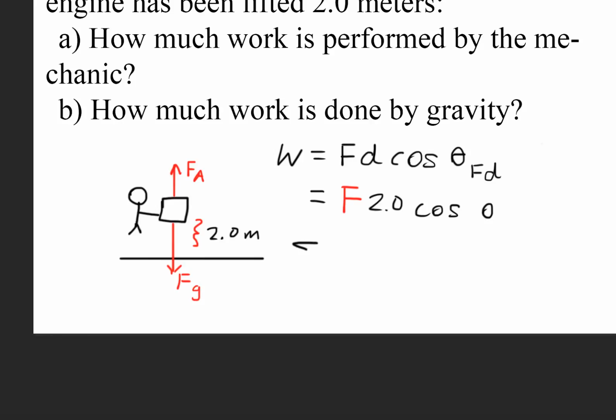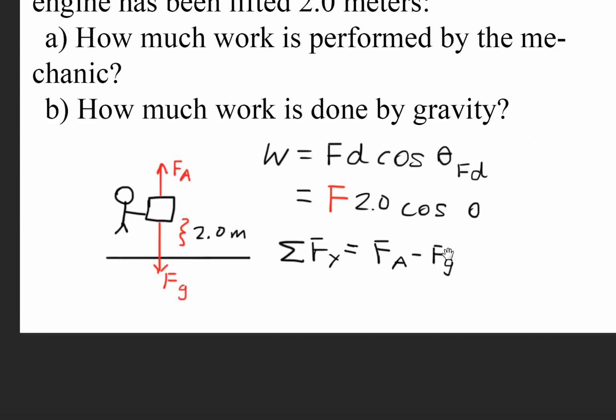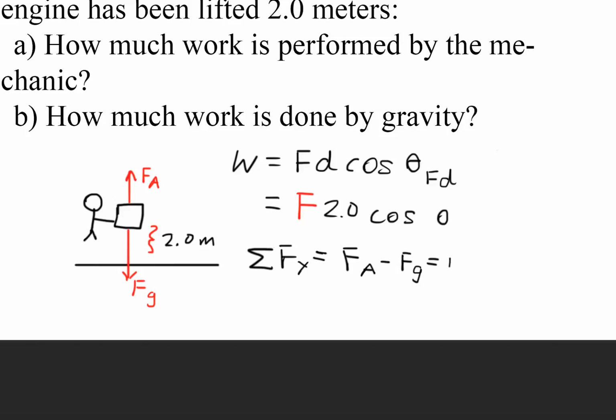So when we focus on the forces in the y direction, we have to sum all of them up. And we have our applied force minus our force of gravity. And that's equal to our mass times the acceleration in the y direction.